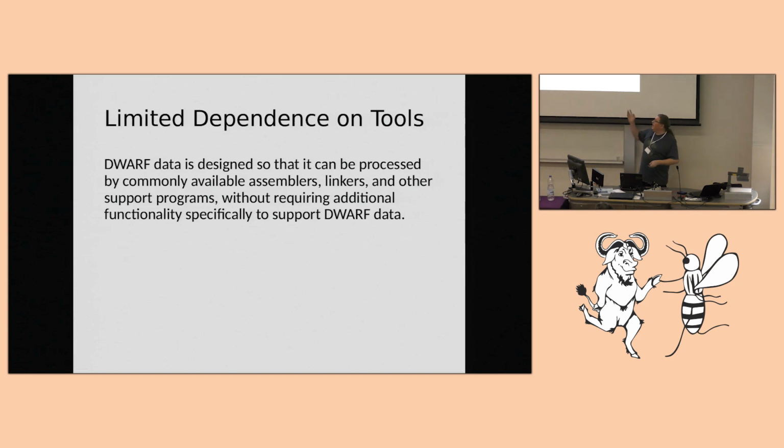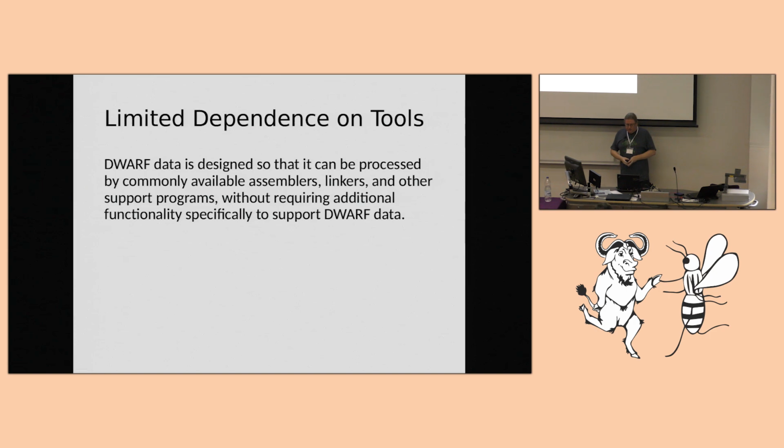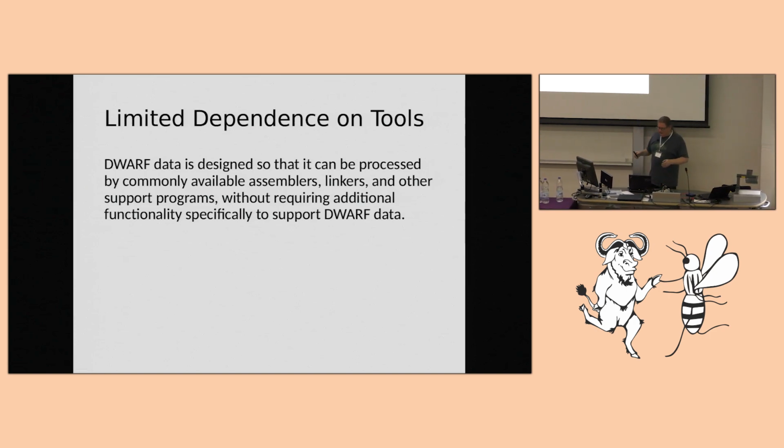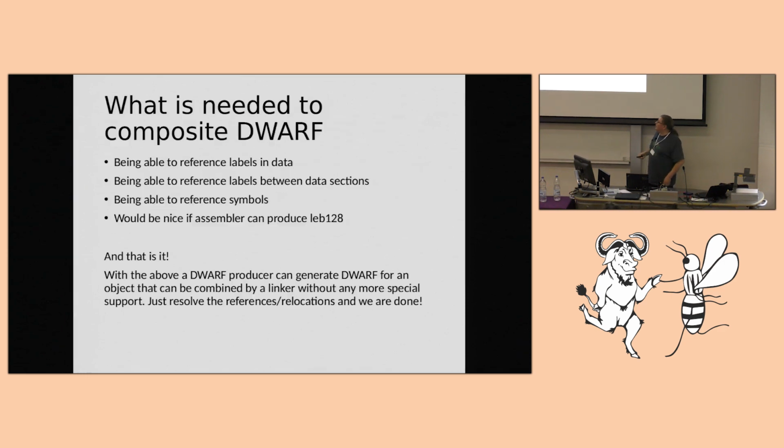And then it would be nice if the assembler could produce LEB128 format numbers, how do you pronounce that? Which are variable size, and always choose the smallest size to express a number in.